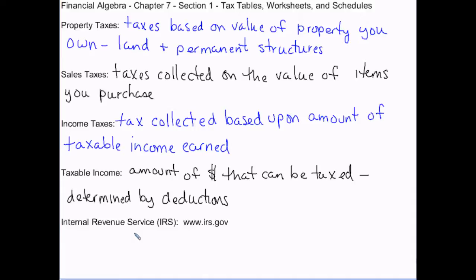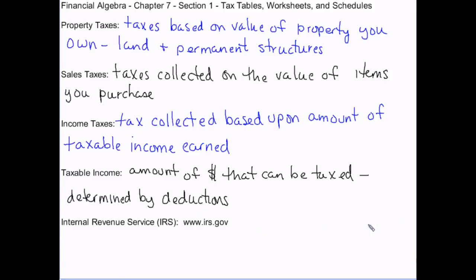And then the post-tax deductions are things that you get to put on that Schedule A form that we were talking about just a second ago. The itemized deductions also lower your taxable income. And there's certain categories of those that are allowed. And so what's left after the deductions is the income that can be taxed.